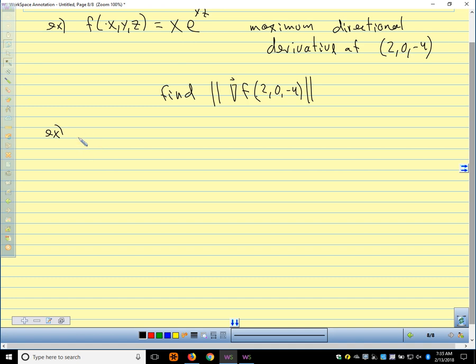All right, last example. f of x, y equals 9 minus x squared minus y squared.